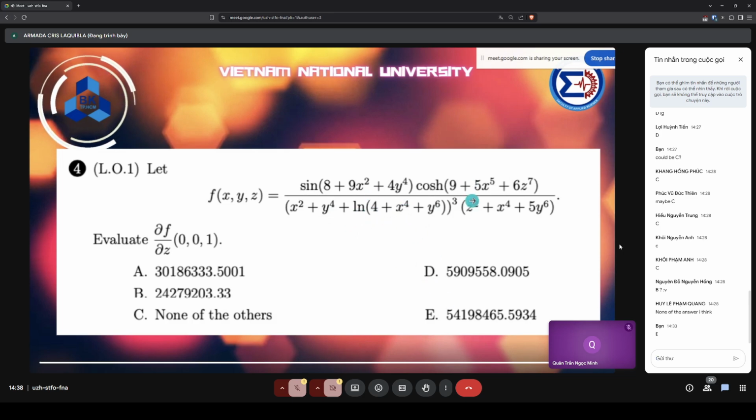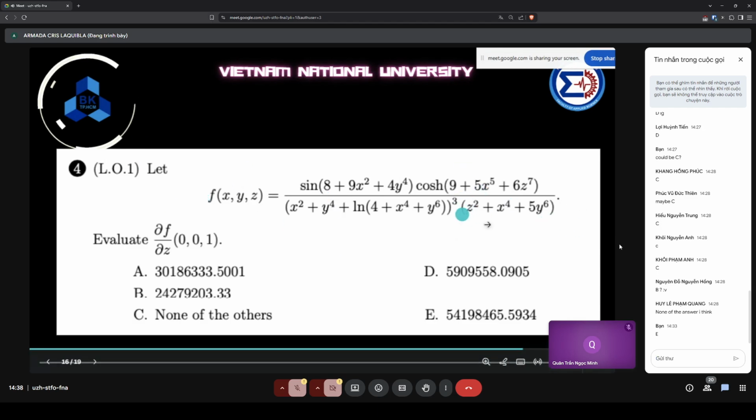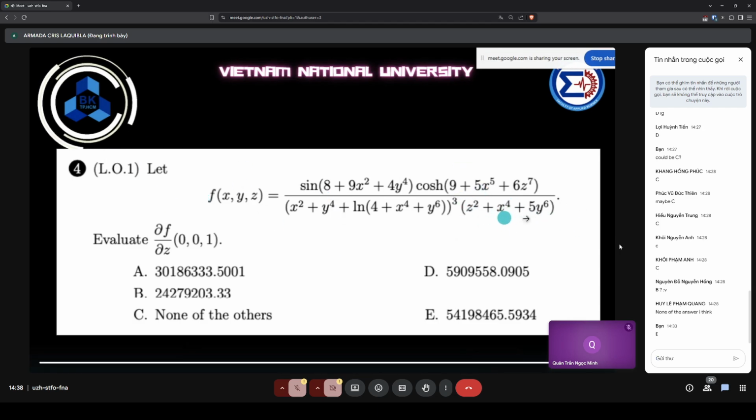Next we have the top. The z squared is there on top also, but your z there is just 1. Then this is 0, this is 0, so that is now just 1 there. Next, we multiply it with the sinh. Sinh of this is 9 here, then your z is 1, so z to the power of 7 is 1.